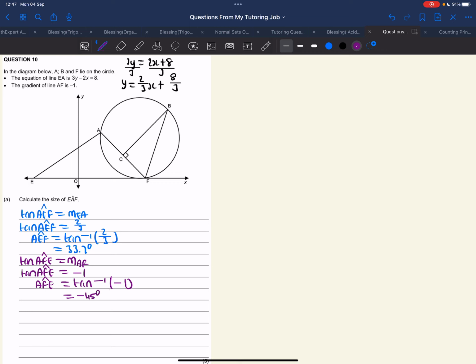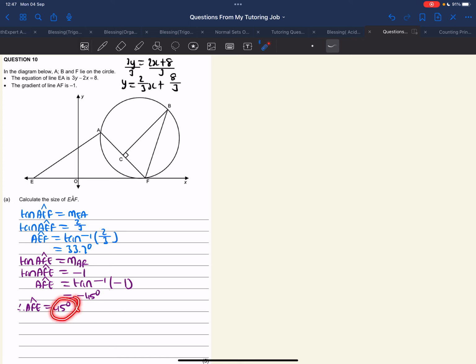But can you see that we're actually working in the first quadrant, where all answers are positive? So we can now say therefore AFE is 45 degrees, because in the first quadrant all the angles are positive. We don't have any negative angles, and whenever we work with angles on a Cartesian plane, we never use negative angles.